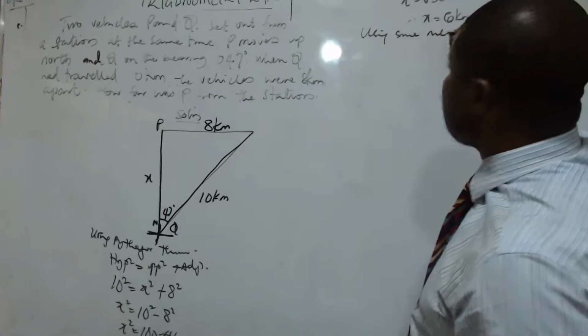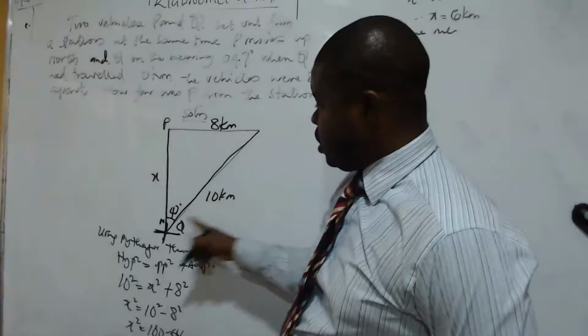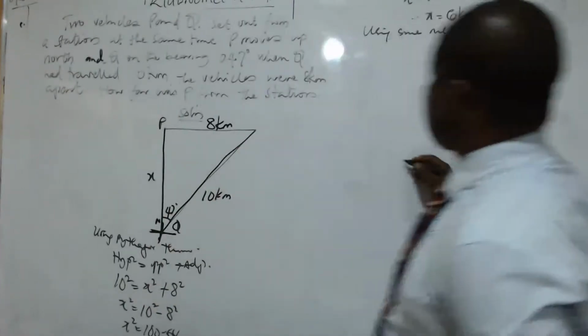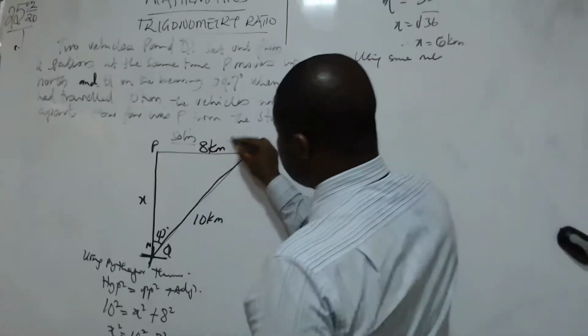Sine rule. Right? So here now we have P, here we have Q. This one was small q.